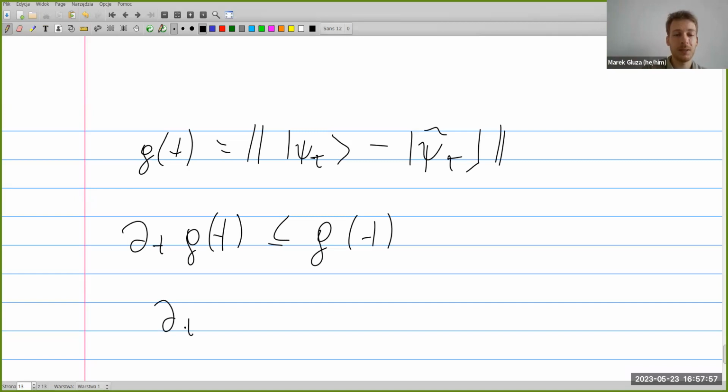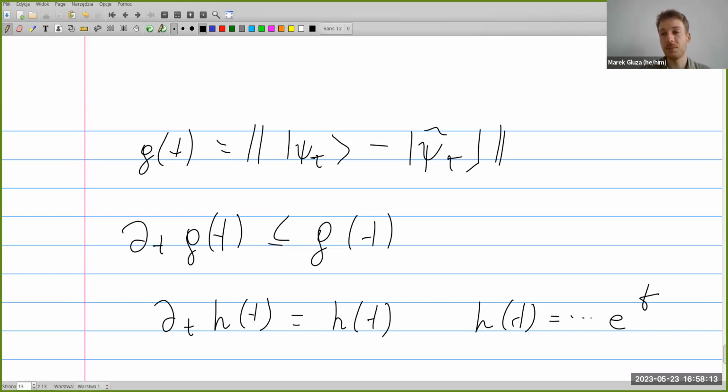So you consider this equation, h prime of t equals h of t. And we more or less know what happens. It will be an exponential, right? So h of t will be in some way an exponential e to the power t, and that becomes a very bad bound in the total duration.